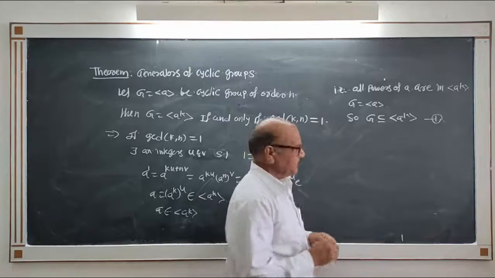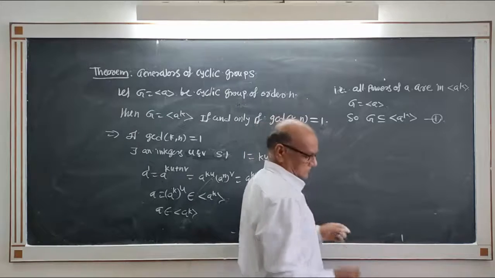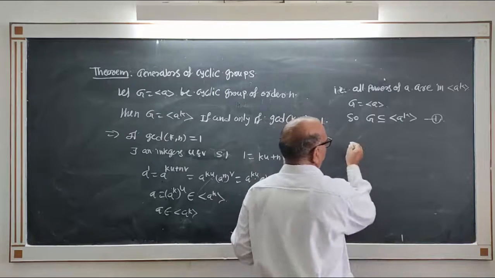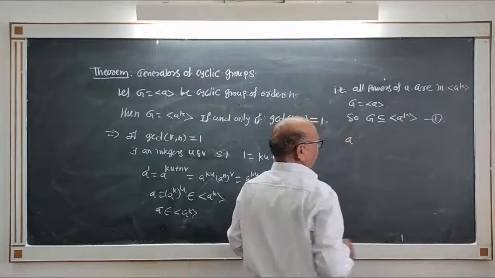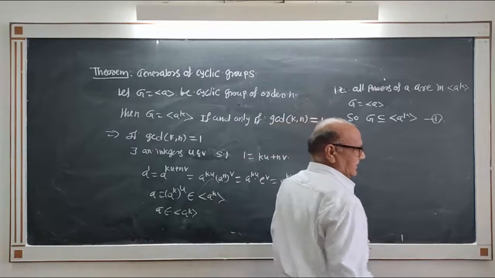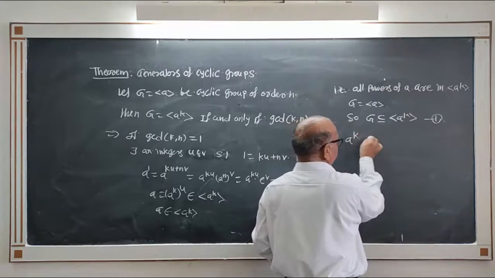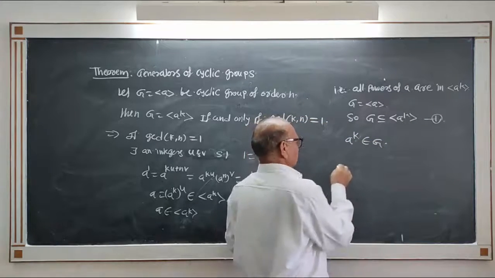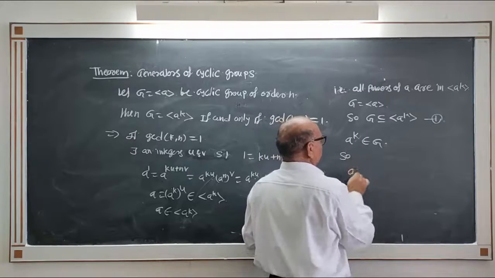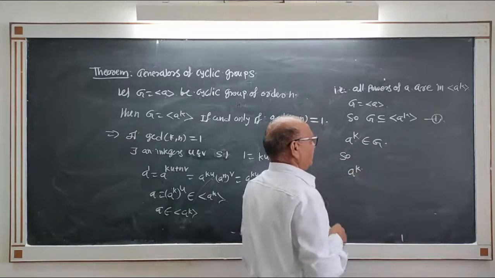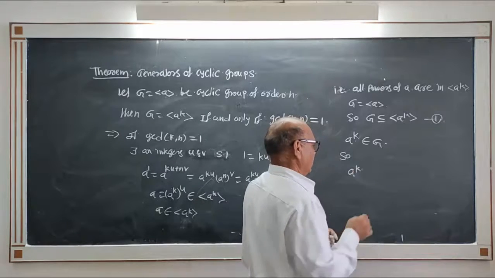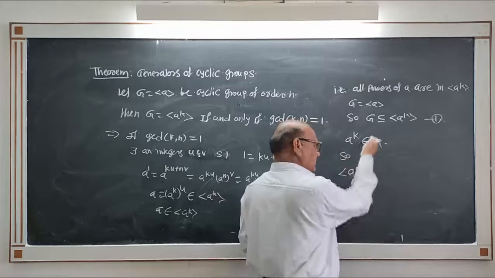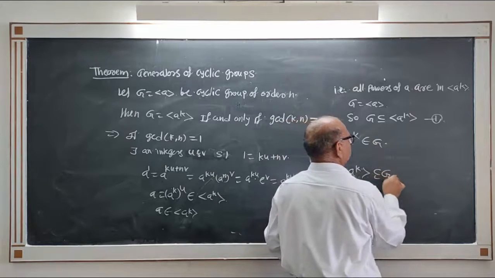Now, conversely, a raised to k belongs to G, and so all powers of a raised to k also belong to G. It is a subset of G always.